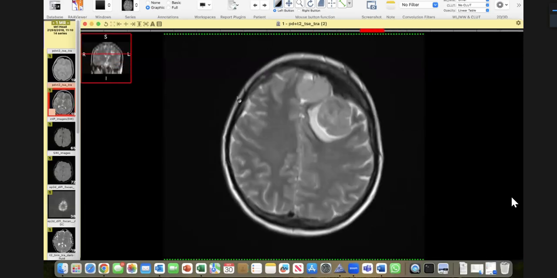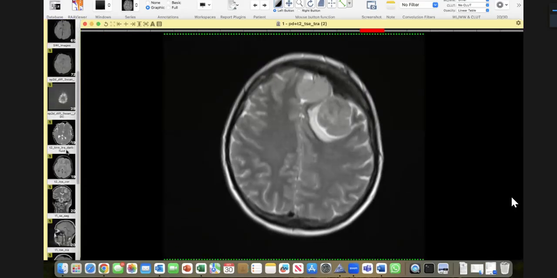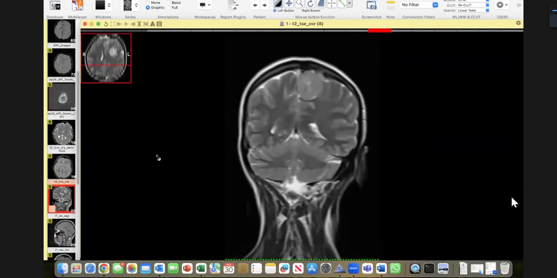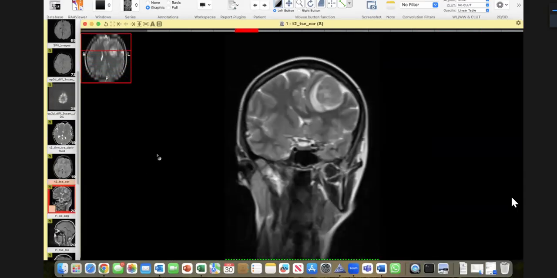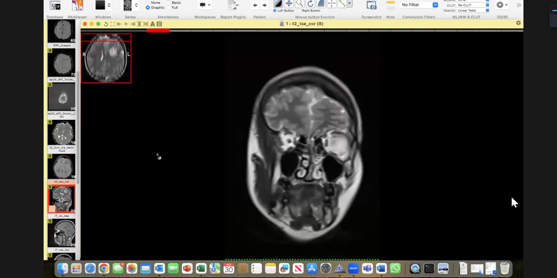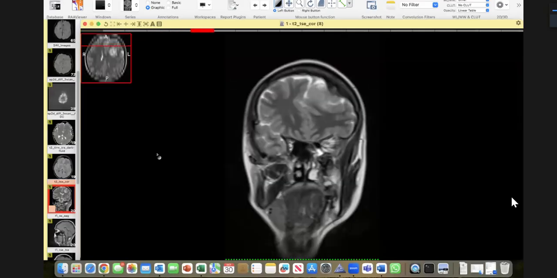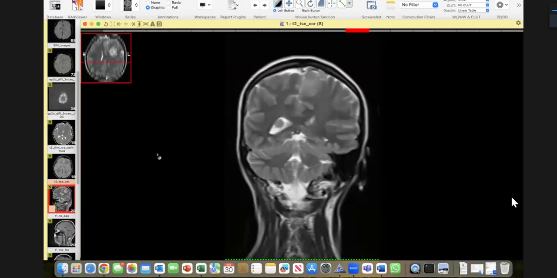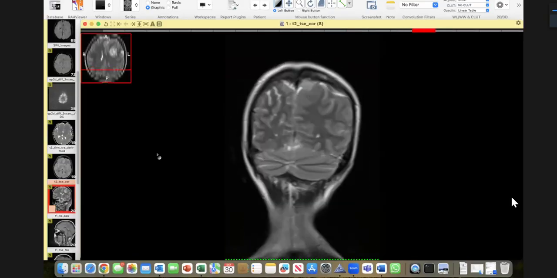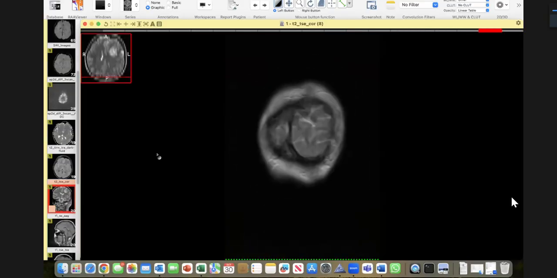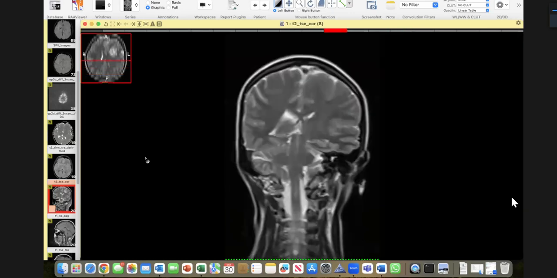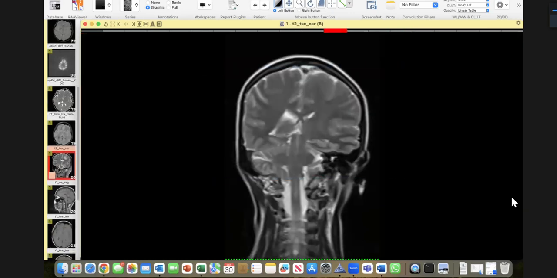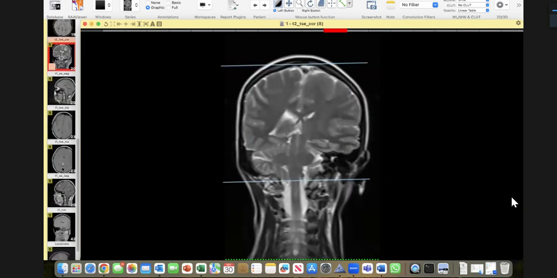Can I see sagittal images as well or coronal to look if there are any other lesions as well? So these are the major ones. I would like to have a look at the post-contrast imaging if available to look for their enhancement pattern.